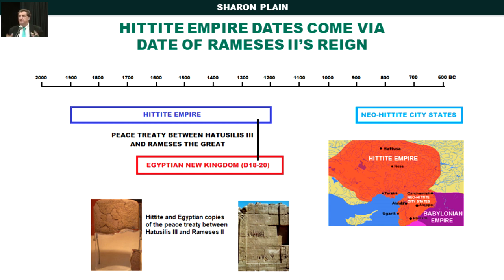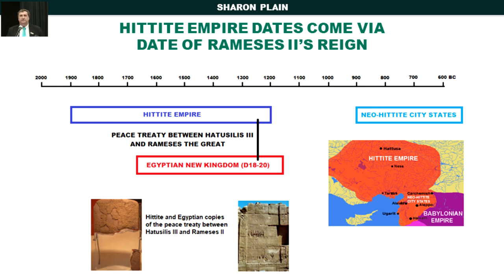Because of this very clear synchronism between Ramses the Great and that late Hittite emperor, the date of 1200 BC, provided by Egyptologists, was then able to be applied to date the Imperial Hittite Empire and its end.